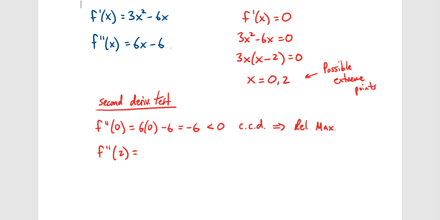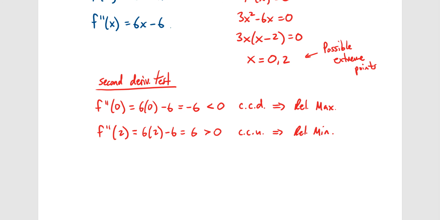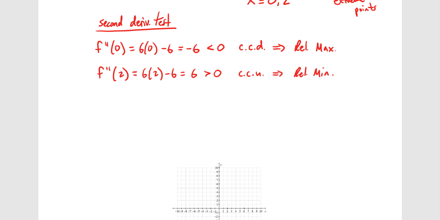Plug in 2. 6 times 2 minus 6 gives us positive 6. Obviously positive, that means it's concave up. Concave up means there's a relative min at that point. So now all we need is the y coordinates. So let's just find the y coordinates. I'll label it so it doesn't get too confusing.